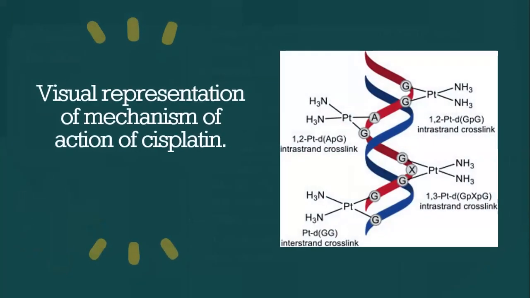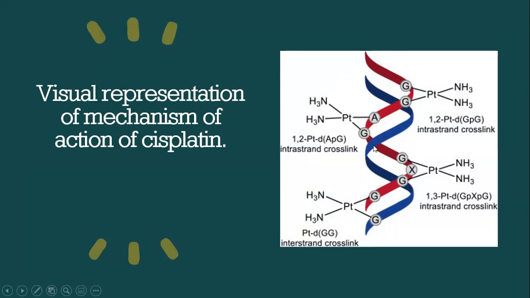In this slide, there is just a visual representation of how cisplatin binds with nitrogen of the DNA and leads to change in the structure of DNA. Here, this is platinum of cisplatin, which forms bond with nitrogen bases present in the DNA. Here it is the bond formation with adenine and guanine.